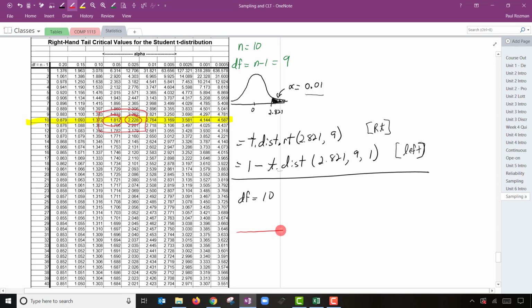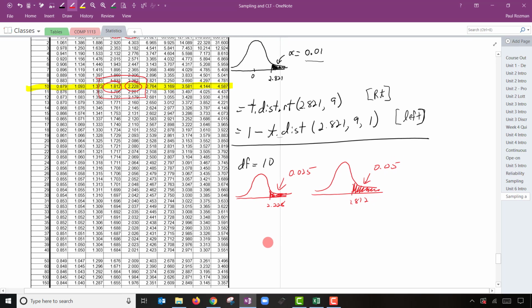If I were to draw this out, the area to the right of 2.228 is in the table. This area is 0.025. Or if I use the other number, 1.812, the area to the right of that in the table is 5%.